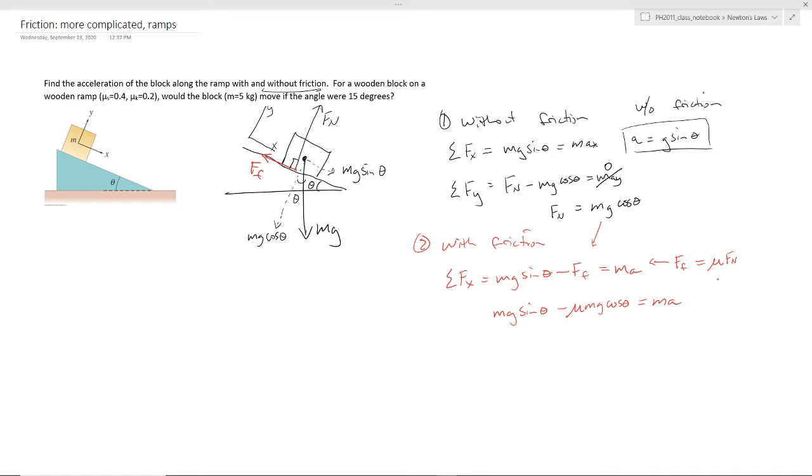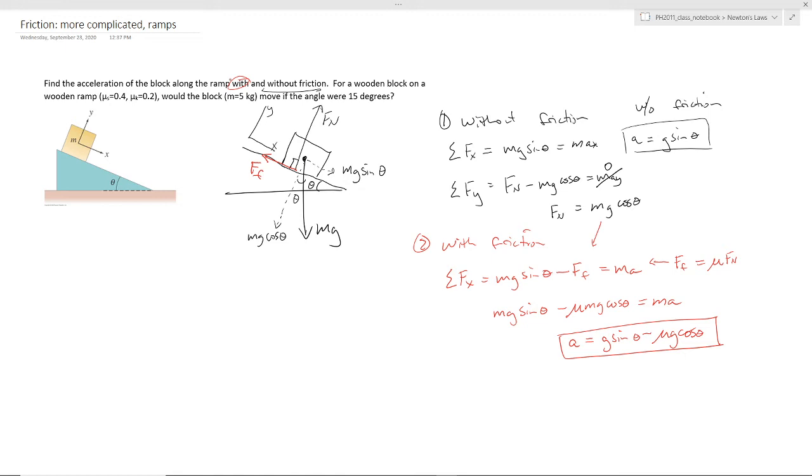So notice when we add friction, the mass appears in all these places as well. So again, it doesn't depend on the mass, but it is more complicated. It'll be g sine theta minus mu g cosine theta. We could consolidate this, factor out a factor of g, but that's our basic expression for the acceleration with friction.